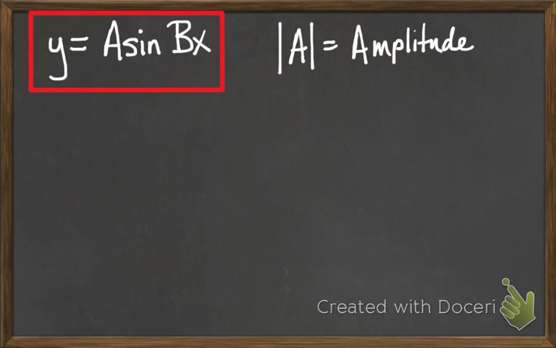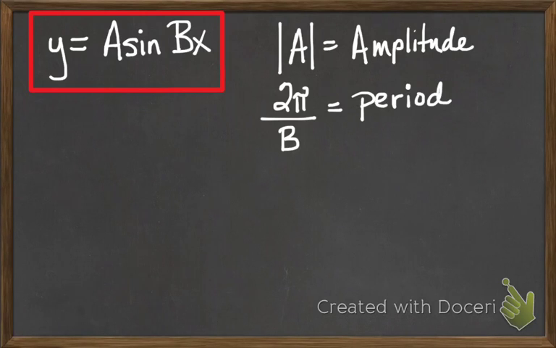Amplitude is the distance, it's a positive distance of how high the graph goes or how low the graph goes, and we'll show you what an amplitude is once we actually get to your graph. 2 pi divided by your B value is equal to the period of your graph. A sine graph cycles through different types of periods based on what's in the equation of the sine graph.